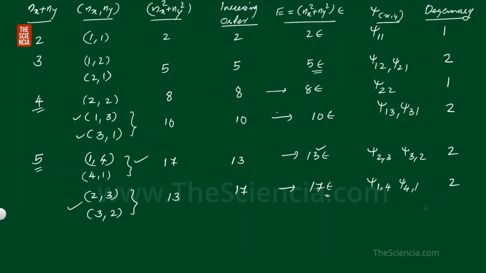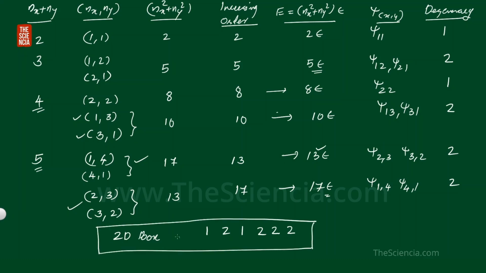So for a particle in a 2D box, the order of degeneracy is, for the ground state 1, for the first excited state 2, then 1, then 2, 2, 2. This is a very important thing, please remember.